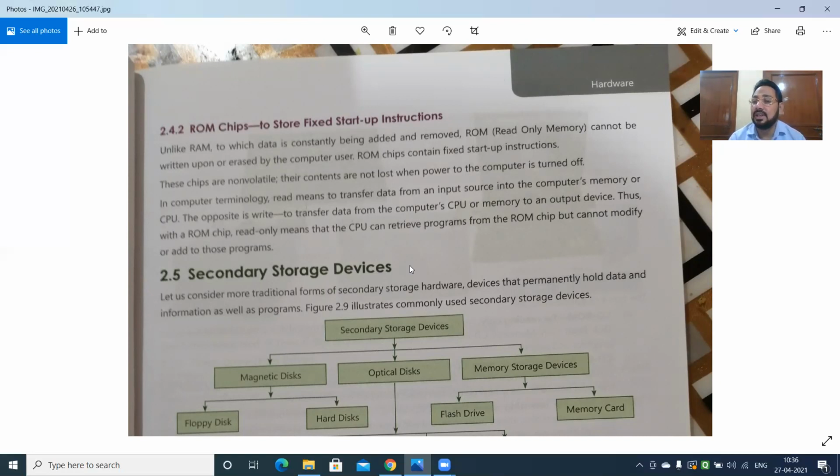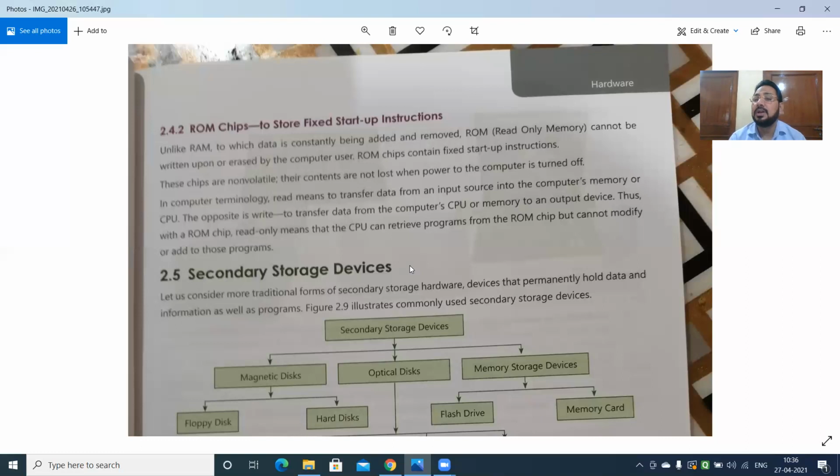Basically, you can say it is the instruction which you get at the startup of our system. When you start a system, you see the HP logo, and then it checks RAM, checks the hard disk and different peripheral devices, etc. What you get in the beginning is normally written in a ROM chip.